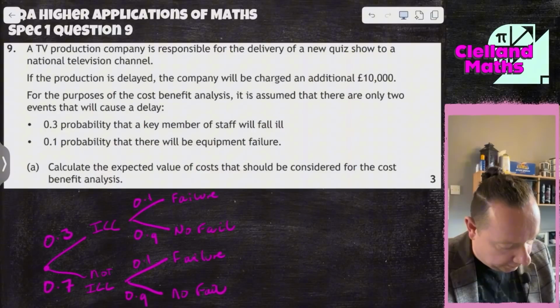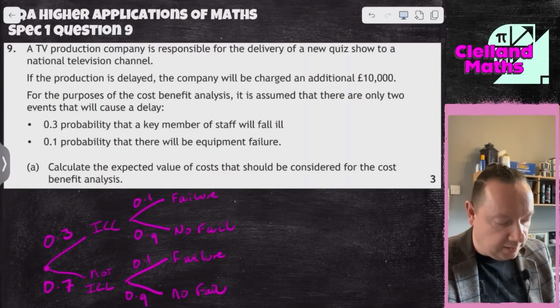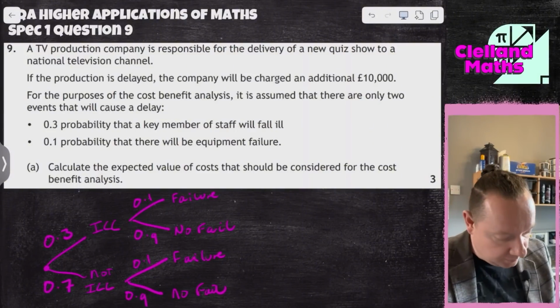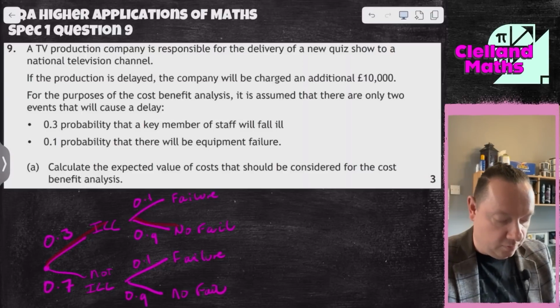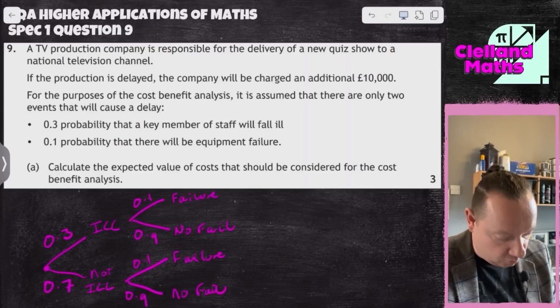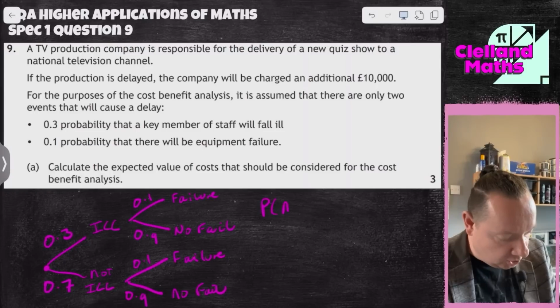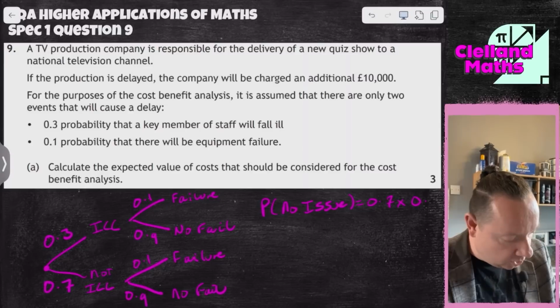Now, if I wanted to know what's the chances of something not happening, I could work out all the things that could happen, or just go for the option where it is fine. So the chances of nothing happening are 0.7 times 0.9. So the probability of no issue is 0.7 times 0.9, which using a calculator is 0.63.